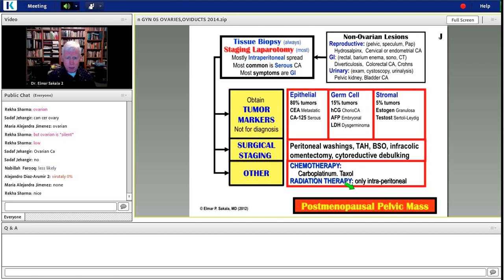The only radiation which would be used would be in a fluid medium, intraperitoneal radiation fluid, which will then only give enough radiation to get microscopic spread. But we don't give full beam, external beam radiation for ovarian cancer.